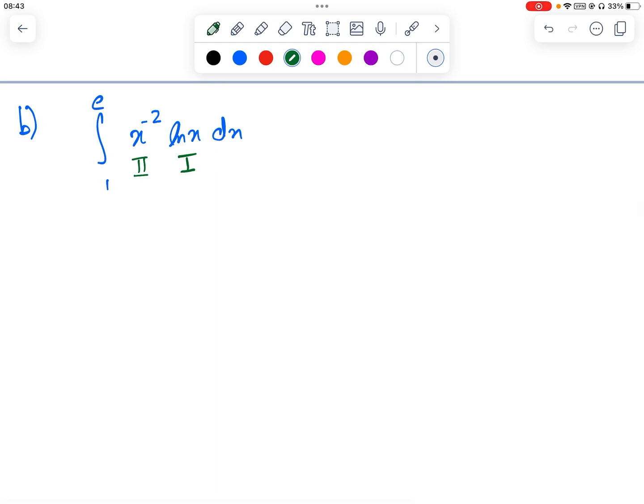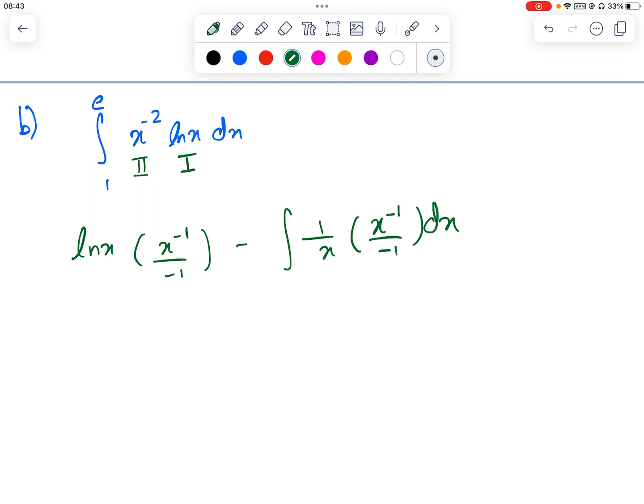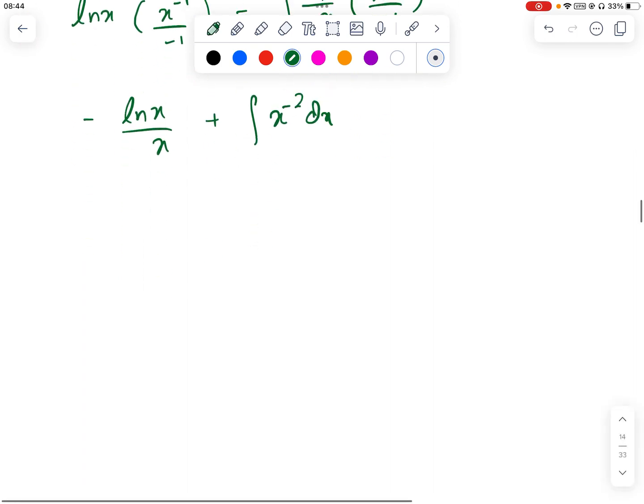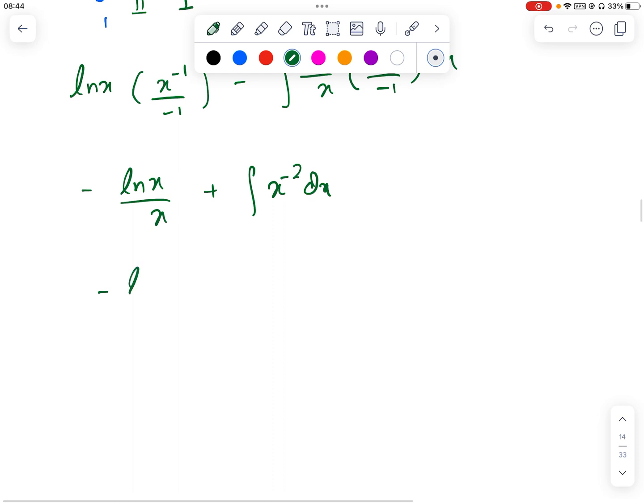So first function, integral of second function, x power negative 1 upon negative 1, minus integral of derivative of first function, integral of second function, dx. Limits I will be applying later. So it is minus 1 minus ln x upon x plus integral of x power negative 2 dx. So it becomes minus ln x upon x plus x power negative 1 upon negative 1.